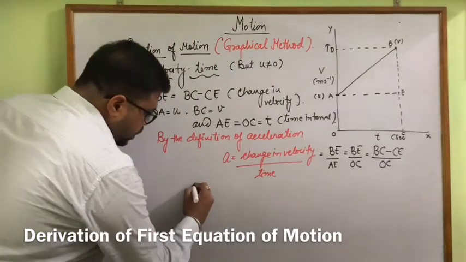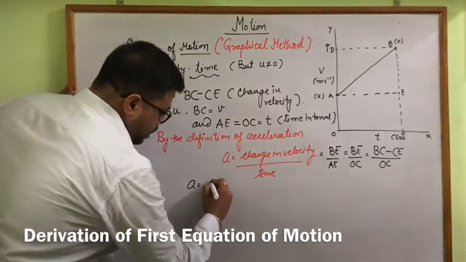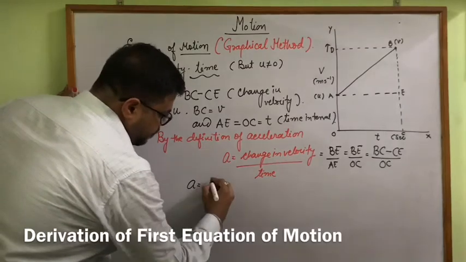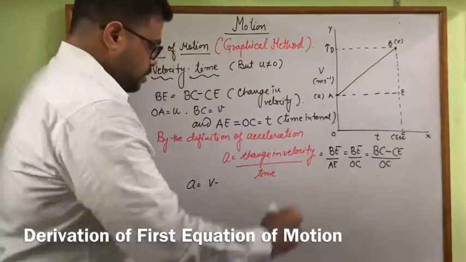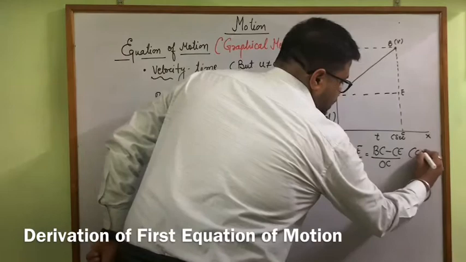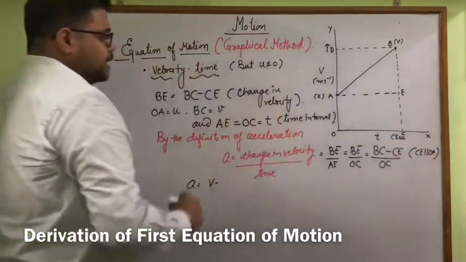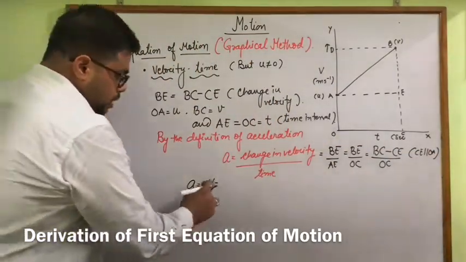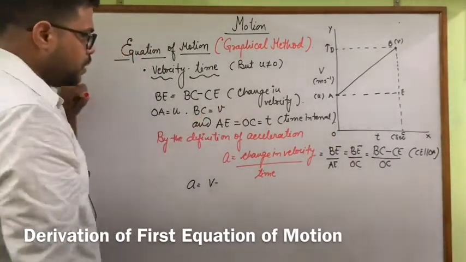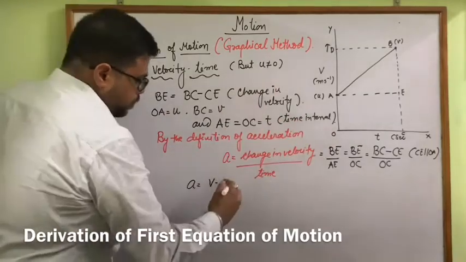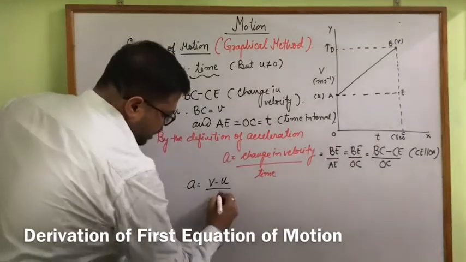Now a will be equal to BC, which means v, and because CE is parallel to OA, and OA is our initial velocity, we can write a equals v, where BC is the final velocity and CE or OA is the initial velocity, and OC is the time interval, meaning 0 to t, so we can take t here.